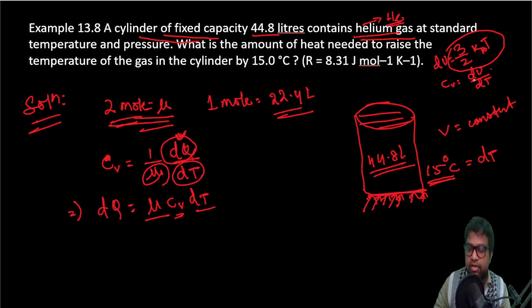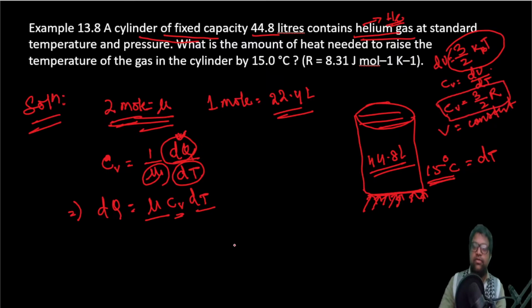CV, or you can find out here only, let's say for 1 mole, right? For 1 mole, what is the CV? dU by dT, here 3 by 2, if you multiply number of mole is 1, so kB NA will be R, and the derivative of T is differentiation is 1, so it will be basically 3 by 2 R. CV will be 3 by 2 R, right?